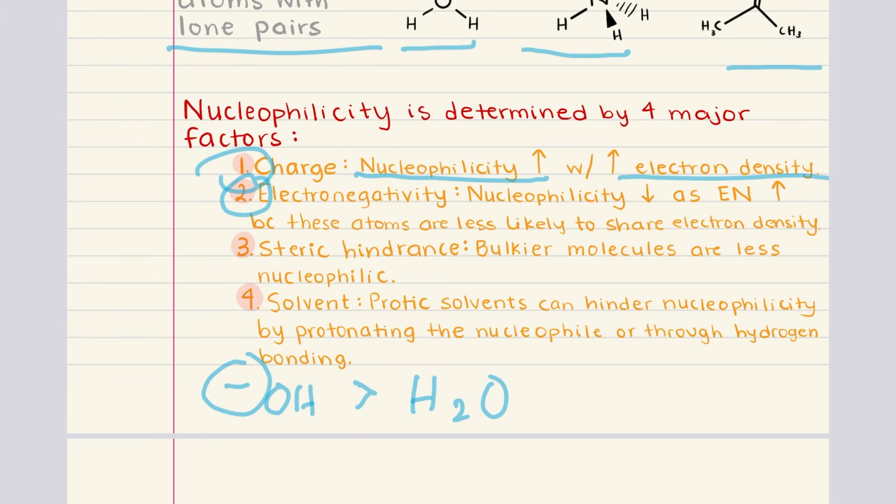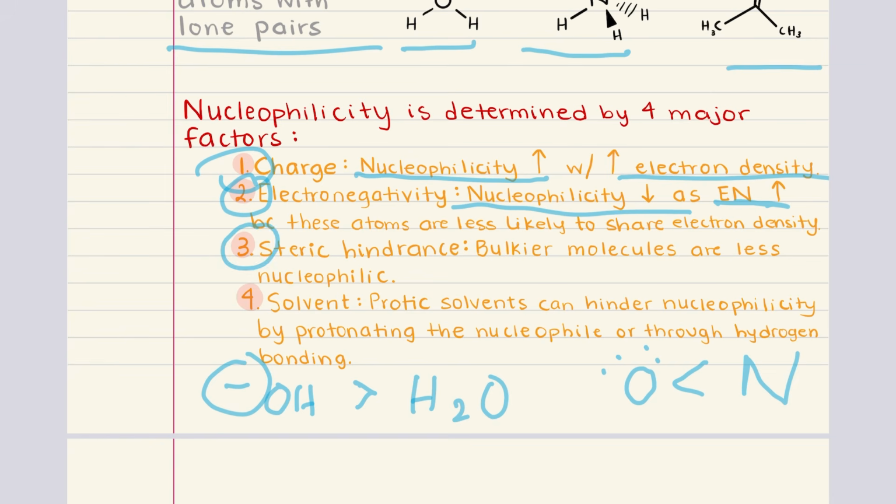Second, electronegativity affects nucleophilicity. As electronegativity increases, nucleophilicity decreases because highly electronegative atoms are less willing to share their electrons. For instance, oxygen is less nucleophilic than nitrogen because oxygen holds onto its electrons more tightly.